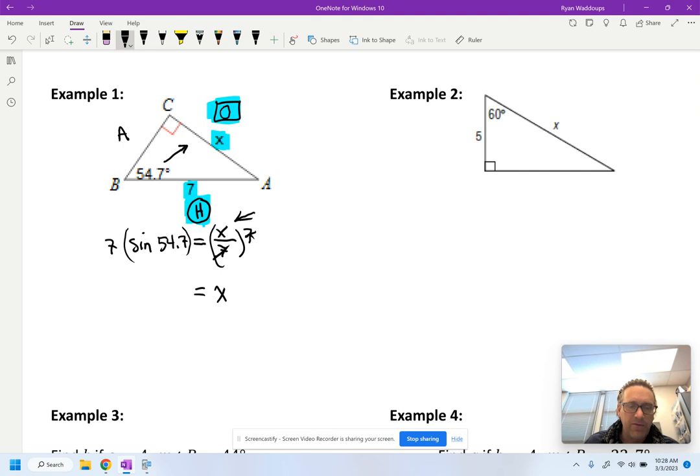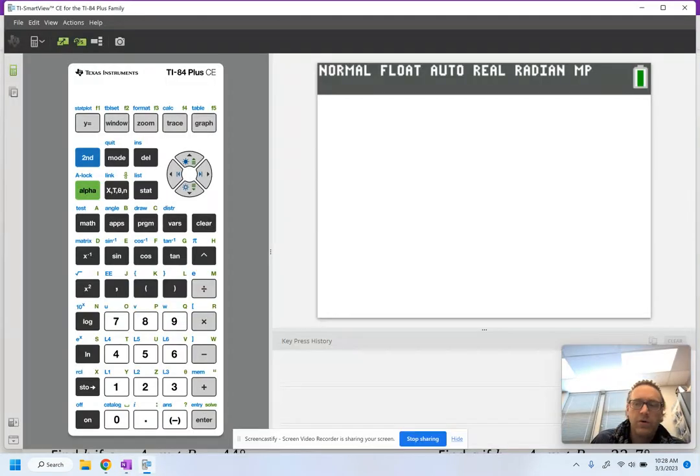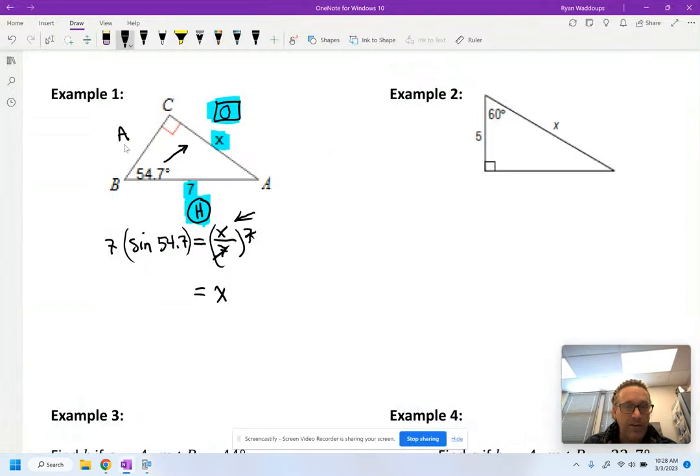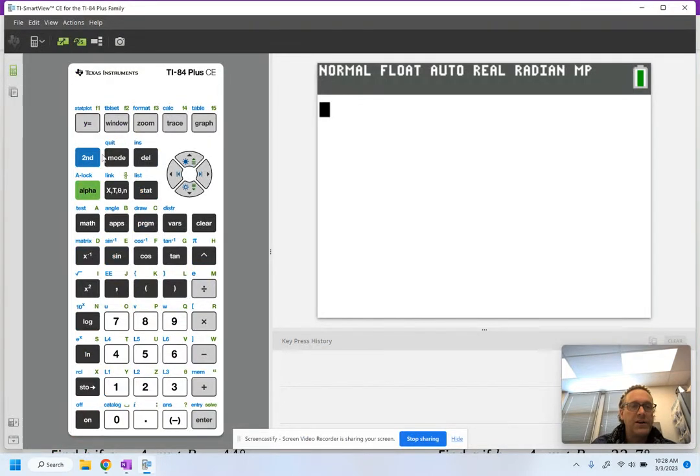Now let's go to the calculator and be careful about what we do with the calculators. So we're going to use degrees. 54.7 is in degrees. And so your calculator has different ways of measuring.